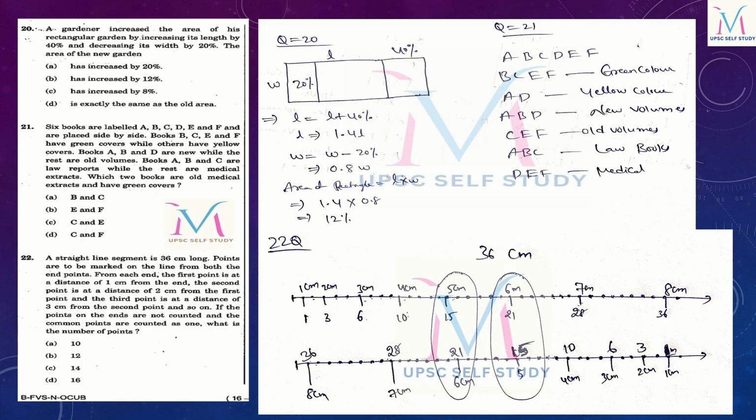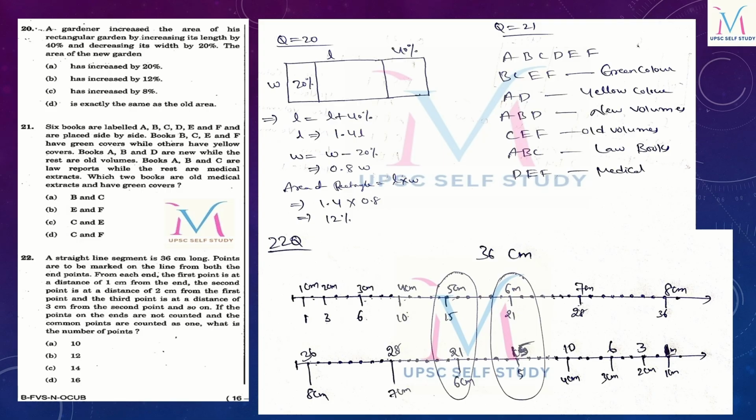From the 16 points, what the question is saying is that the points on the ends are not counted and the common points are counted as 1. So if you draw these line segments, the points at the ends are not counted, so we should not count the 1 centimeter and 36 centimeters of the first line segment.